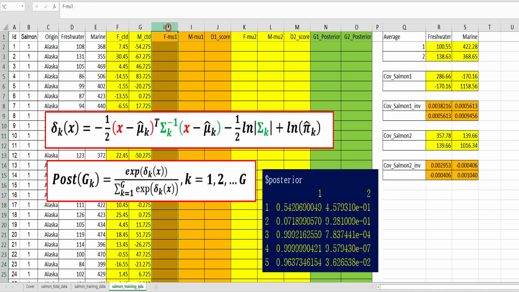So for column H and I, we want to calculate delta 1x for all data. So we need to use same average, right, for delta 1. So fresh minus group 1 fresh average, and marine minus group 1 marine average. Okay.